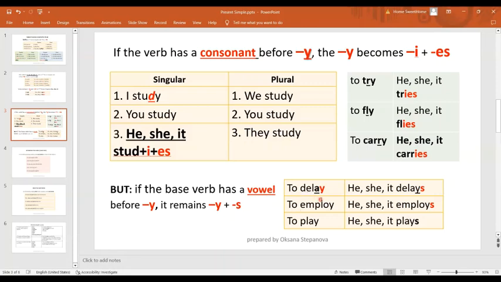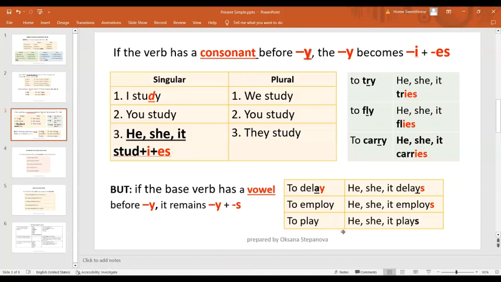So now you know that if there is a vowel before Y, we don't add es. We just put s. And Y stays Y. It doesn't become I. Hope this solved your problem in English language.